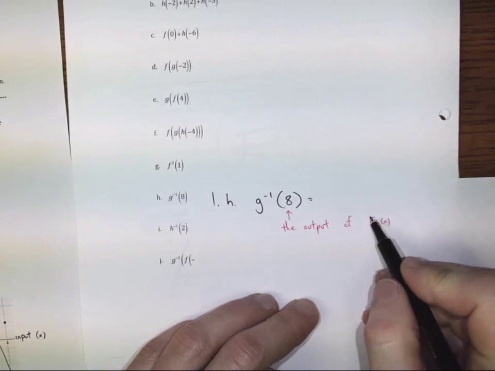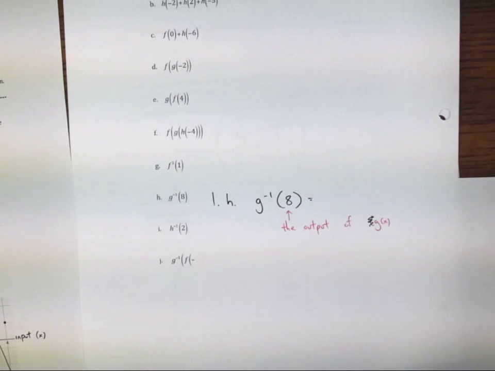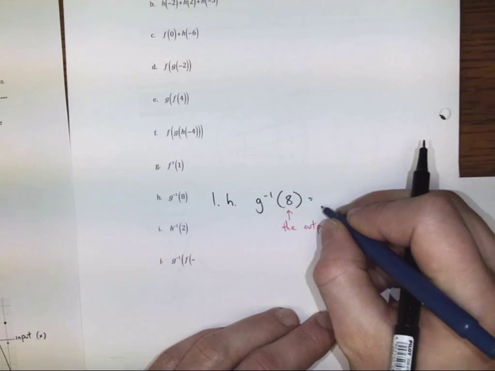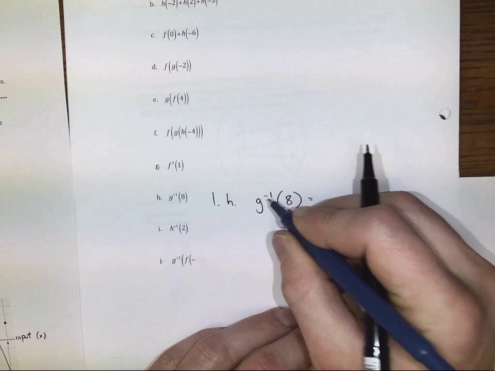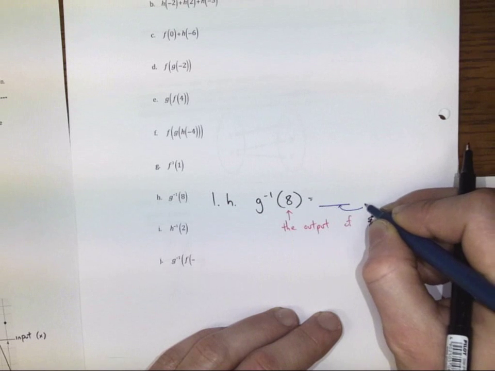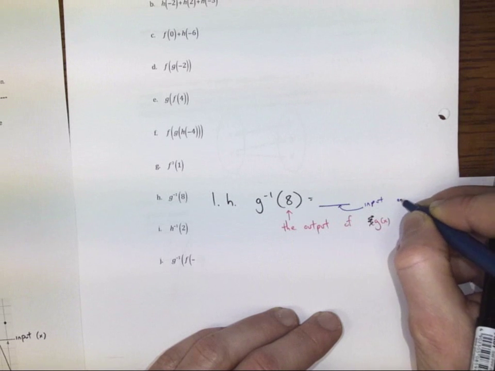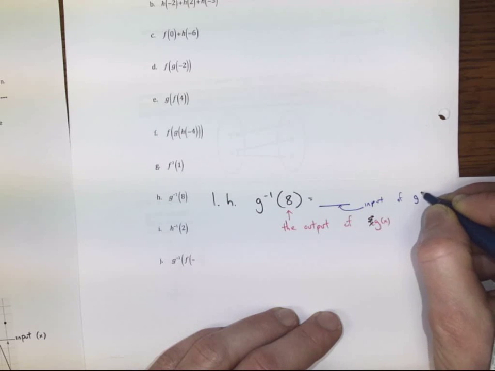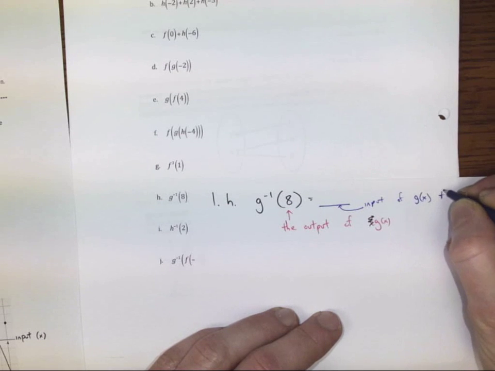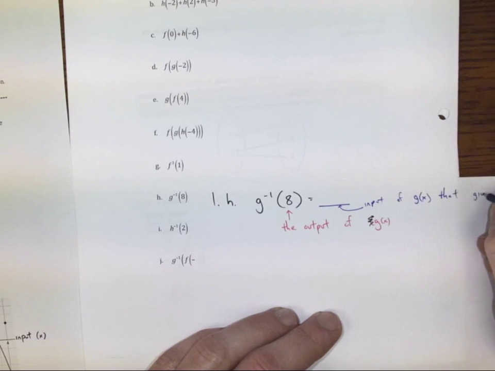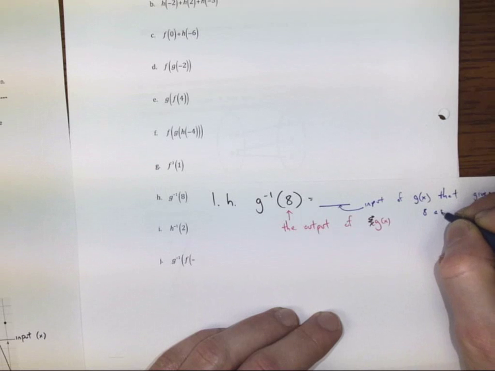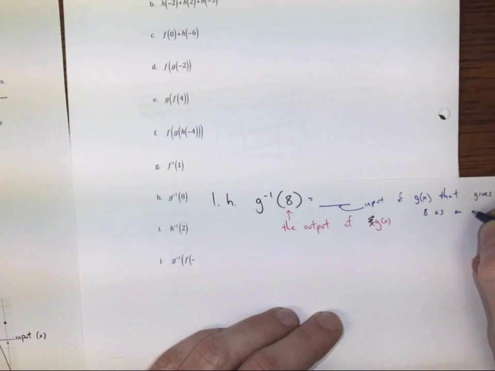And what is going to be out here instead, because it's an inverse, means we're going to be looking for the input for g of x that gives 8 as an output.